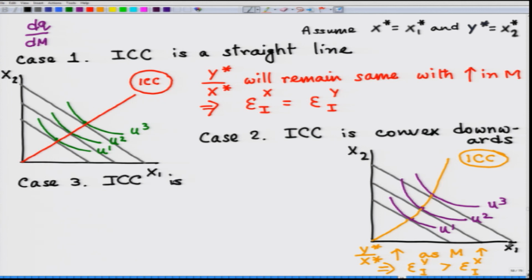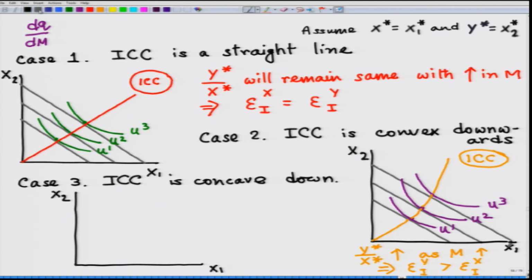Now, let us talk about case number 3. ICC is concave downwards. So, in that case, what will the diagram look like? Let us draw the diagram. Again the budget lines, and then we have the indifference curves.